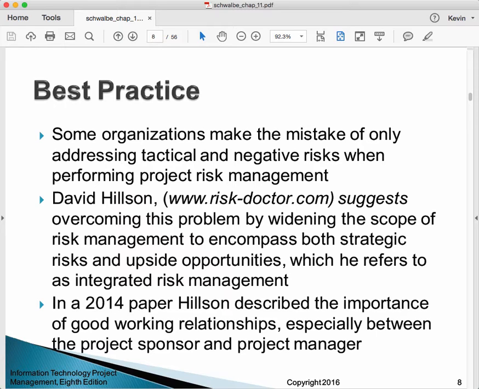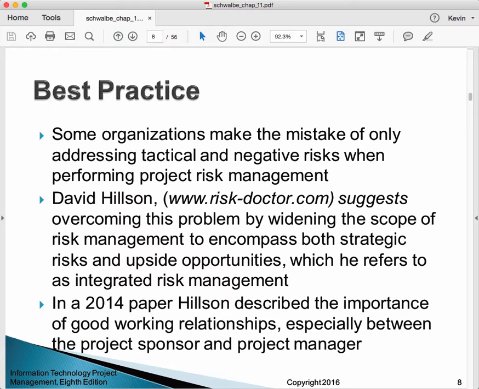So David Hilson, the risk doctor, suggests overcoming the problem by widening the scope of risk management to encompass both strategic risks and upside opportunities, which he refers to as integrated risk management.